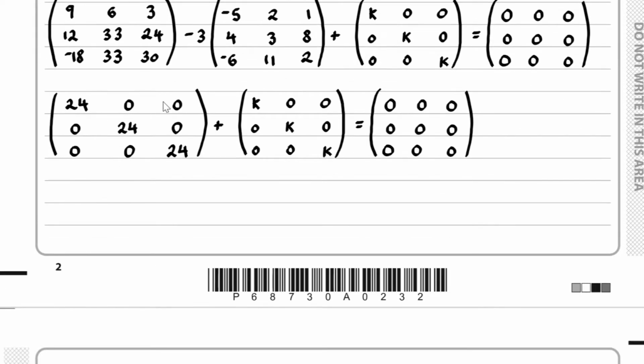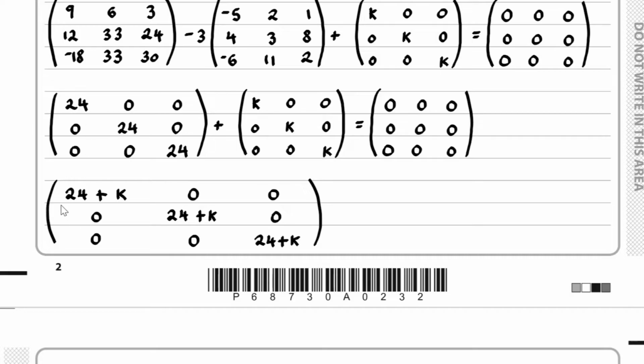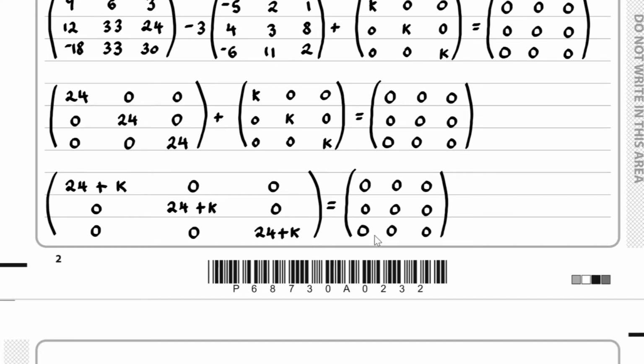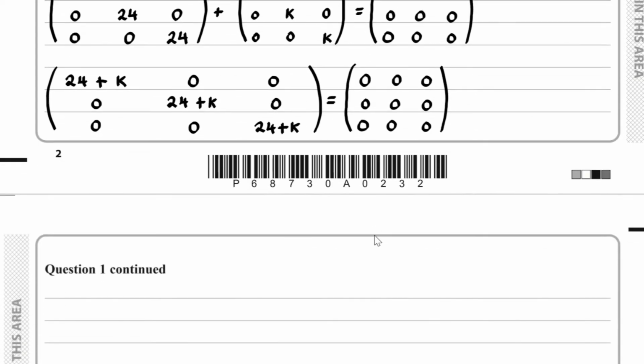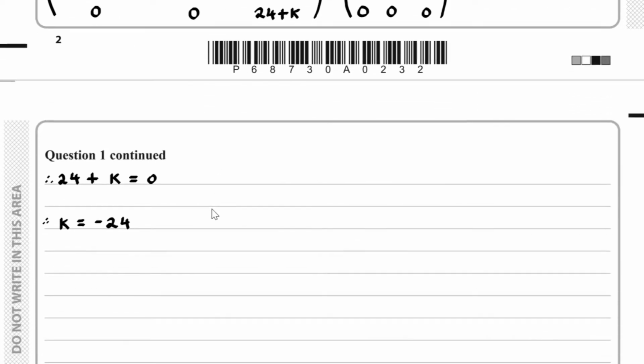If I combine this 3x3 with this 3x3, we end up with 24 plus k times the identity matrix, which is equal to the 0 matrix. And at this point, we can see that 24 plus k is equal to 0, in which case k is equal to negative 24.